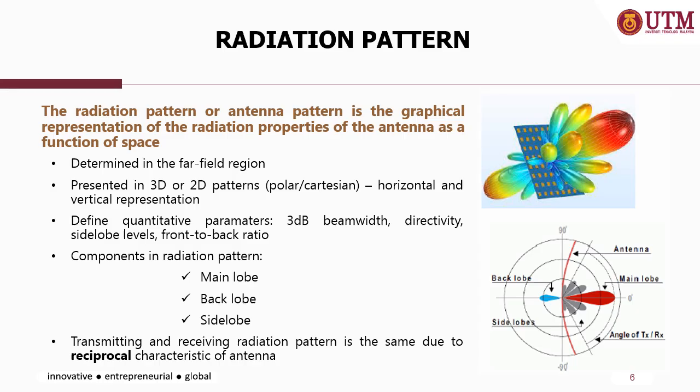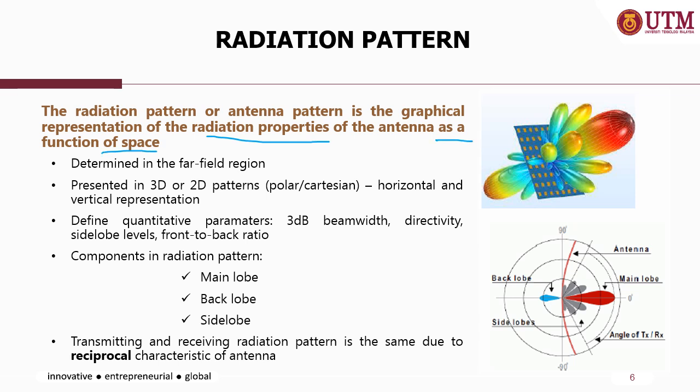The first antenna parameter that we are going to discuss is the radiation pattern. The radiation pattern is basically the representation of the radiation properties of the antenna as a function of space.